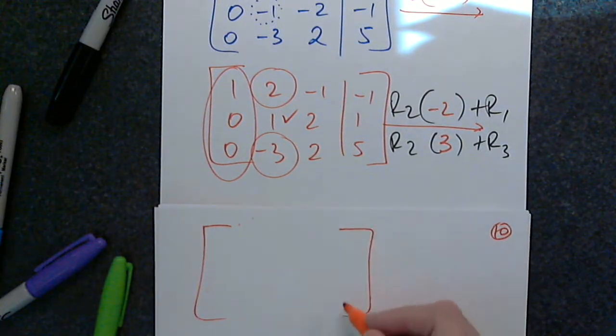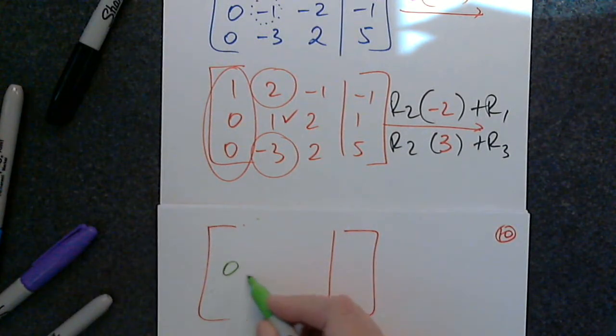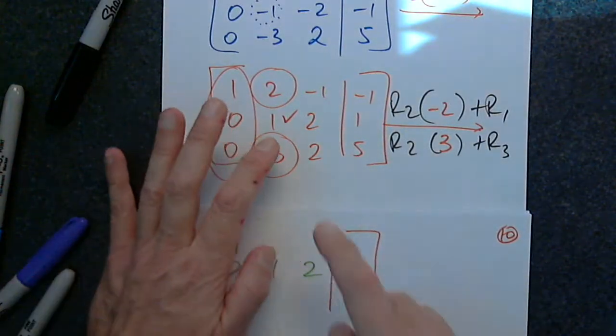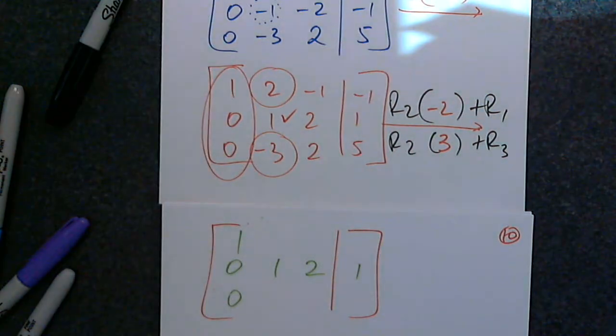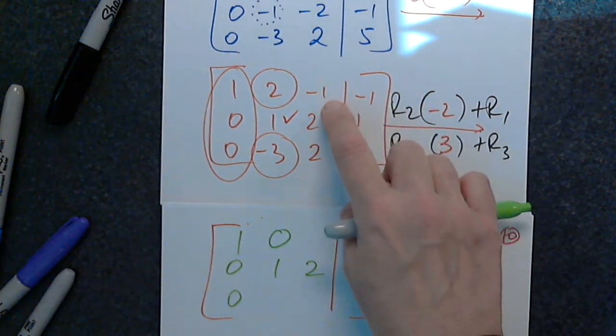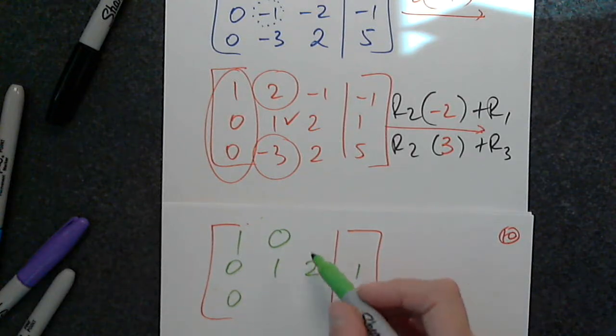Good. Which row do I copy now for sure? Because it cannot change. 0, 1, 2, and 1. And of course, the first column, I'm not going backwards. Okay, ready? 1 times negative 2 plus 2. 0. Perfect. 2 times negative 2 minus 1. -1.